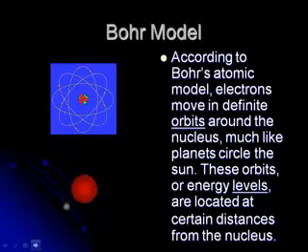One of the things that people wondered was, if this nucleus is positive and these electrons are negatively charged, then why doesn't the nucleus just pull the electrons in? Well, one of the reasons that he said was, as long as these electrons are in specific energy levels, then they can indeed do this.